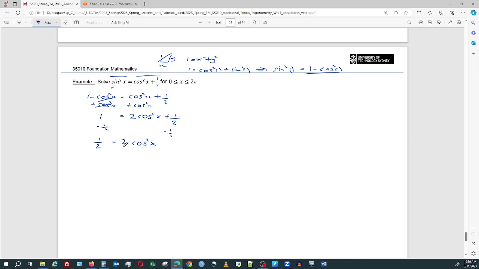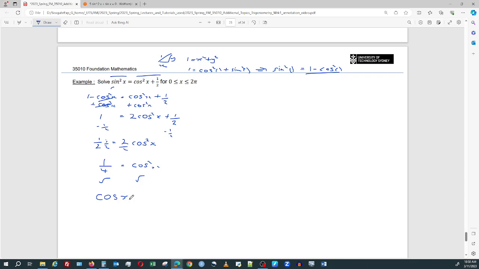So now dividing by 2 both sides. So we're going to get 1/4, that's just the algebra. We don't need to get too fancy with that. Taking the square root at both sides, putting cos x back on this side.